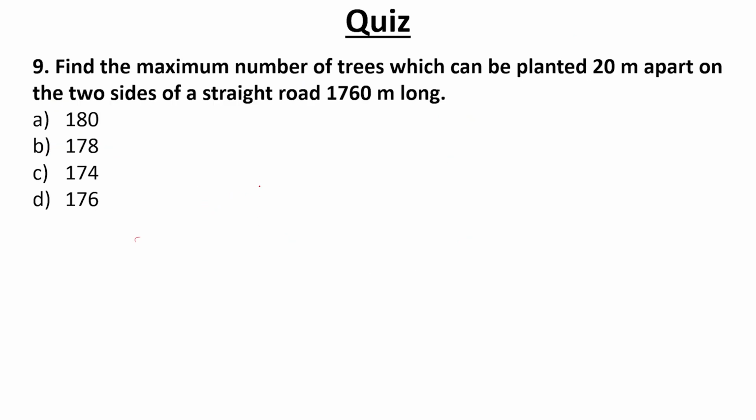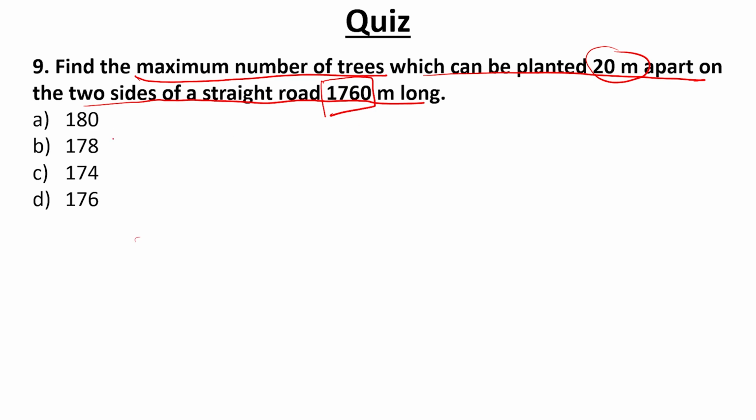It seems somewhat complicated, but we'll try. Maximum number of trees which can be planted 20 meters apart on two sides of a straight road of 1760 meters. What the question is asking is, on a straight road of 1760 meters at a 20-meter interval, how many trees can be planted?